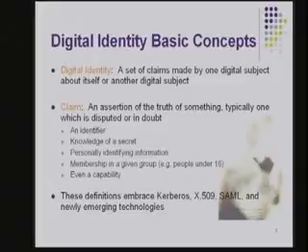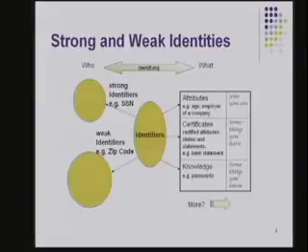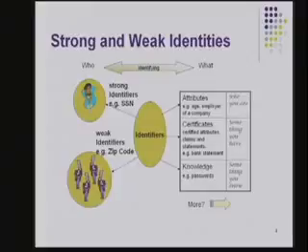Okay? So once we have a bunch of identifiers which tell who you are, what you have, what you know, what is it really identifying? If it identifies one single person, then it is called a strong identifier. An example of this is a social security number or a passport number. If this identifier puts you in a group of people, then it is essentially a weak identifier.